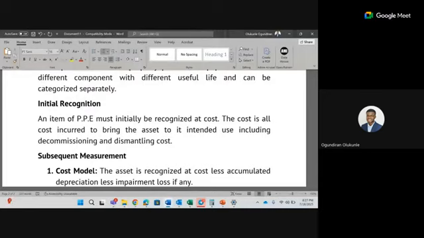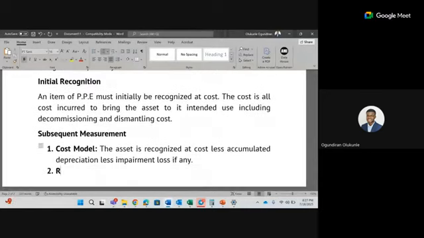For the revaluation model, don't forget that I said the cost model is the same under IAS 40 and IAS 16, but the revaluation model is a bit different from the fair value model. So for the revaluation model, the asset is recognized at revalued amount, and the revalued amount is fair value.